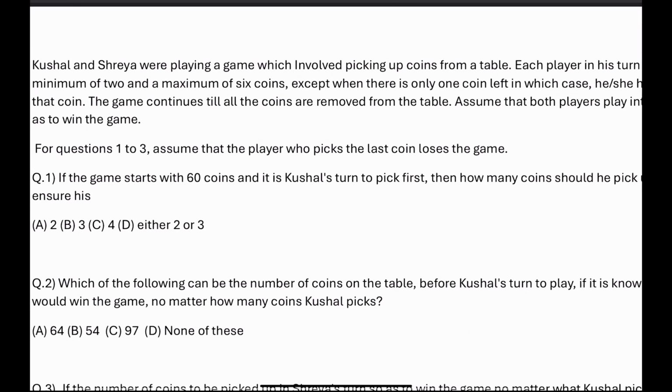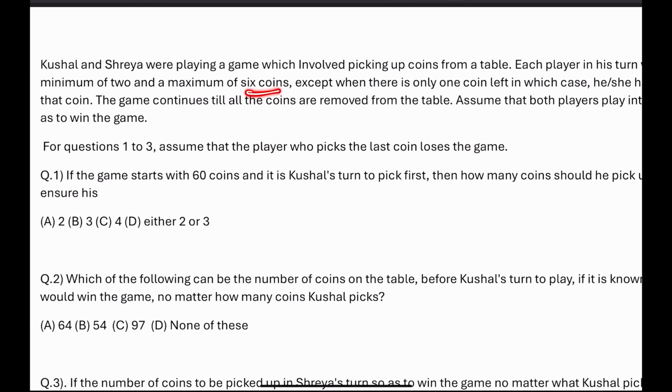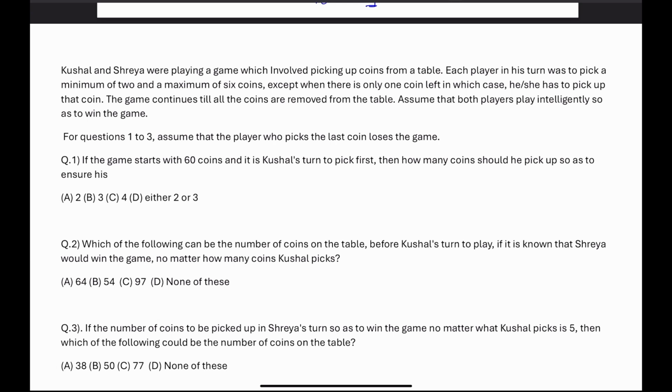Let's continue. Except when there is only one coin left, in which case he or she has to pick that coin, which we already know. The game continues till all the coins are removed from the table.